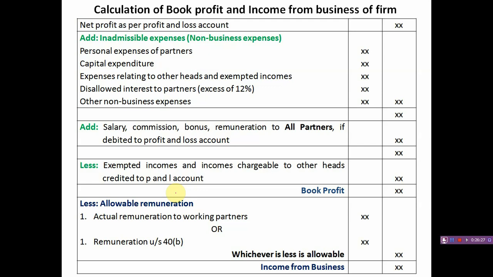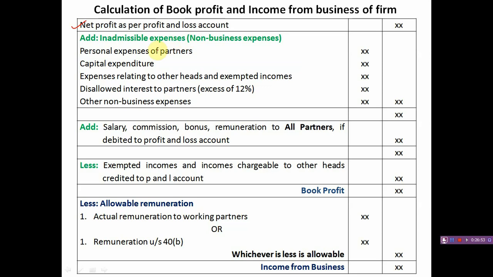So this is the format for computation of book profit and income from business. Please note this format. I have already explained it in the previous slide. First, we take the net profit as per the profit and loss account.